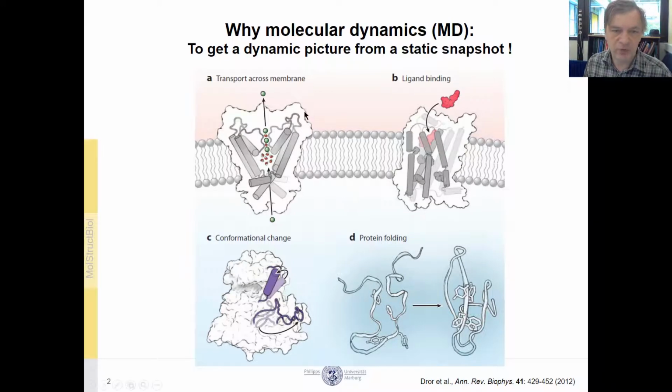Could be, for example, the transport of ions or some bound ligands, or some conformation change during substrate recognition, or maybe also what is happening, we cannot follow, we have no experimental techniques so far where we can follow a single molecule as it is folding up from an unfolded state to the folded state. We don't have these kinds of methods.